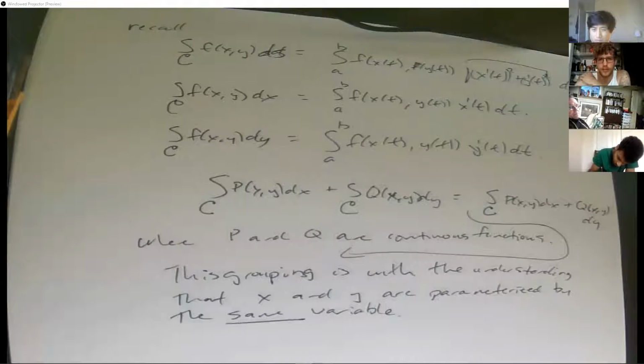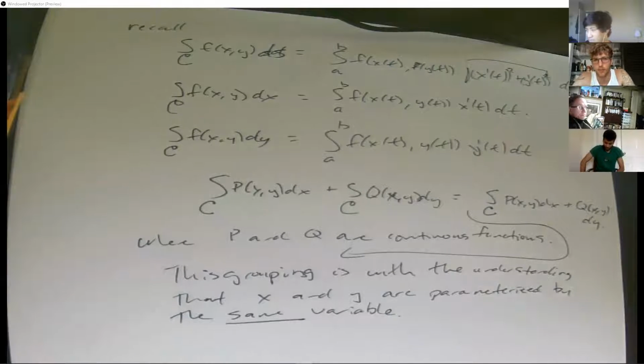I have a question. Could you explain to me why, when it comes to dx and dy again, we're stuck with just x'(t) dt and y'(t) dt? So there's two reasons here.